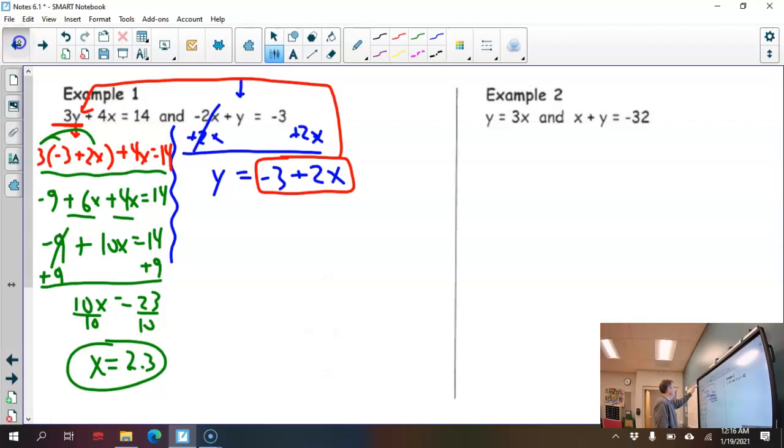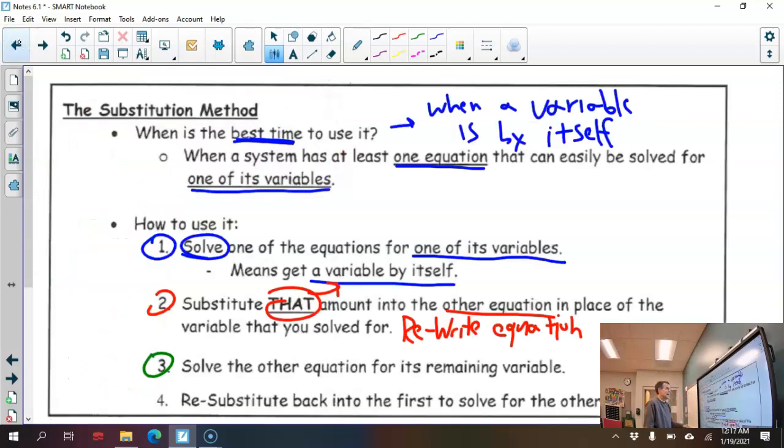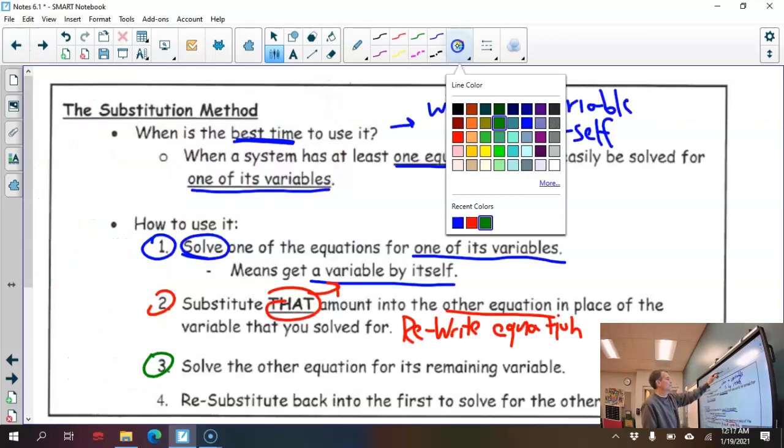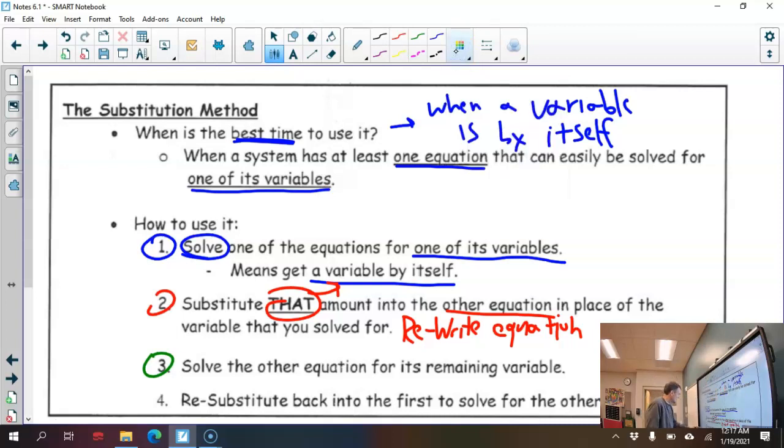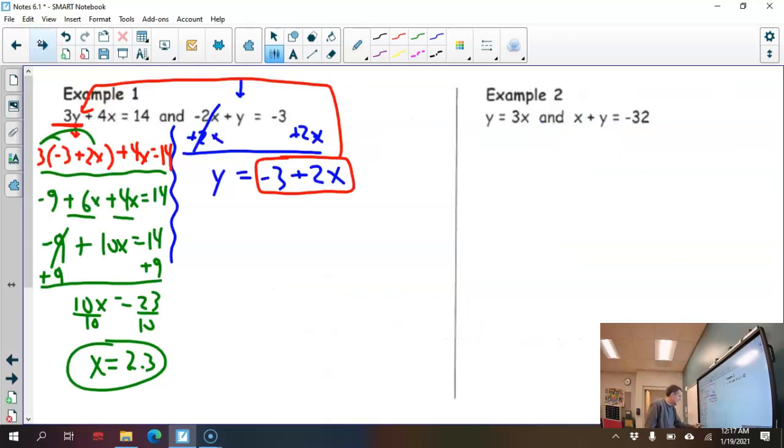All right, now what? Last up is step 4. Step 4, I resubstitute back into the first one to solve for the other variable. So I take this and I resubstitute it back into the equation I started with.